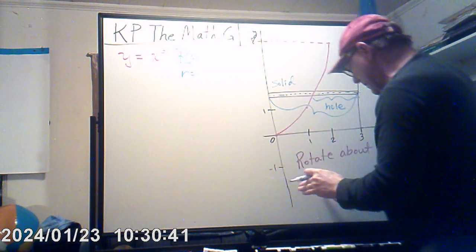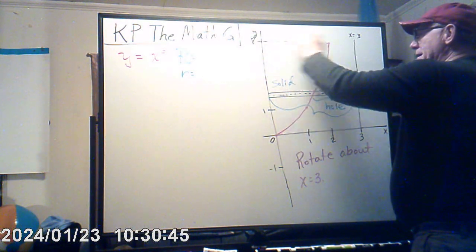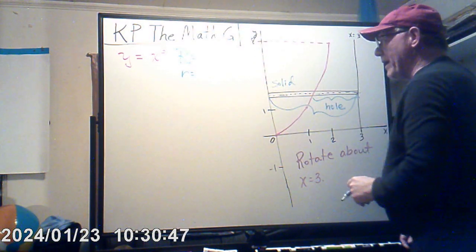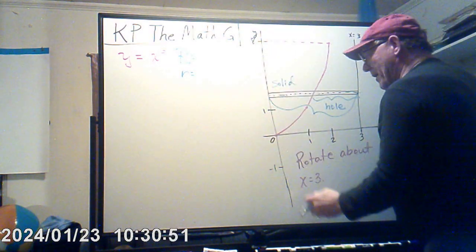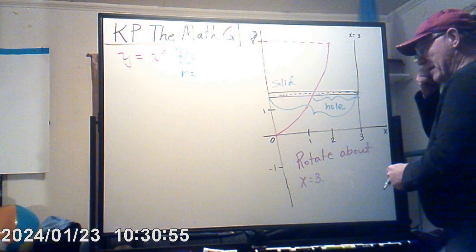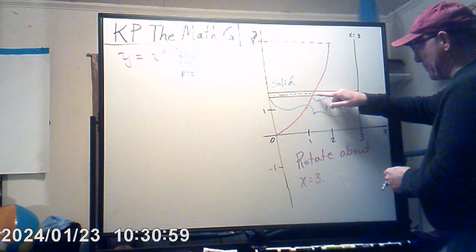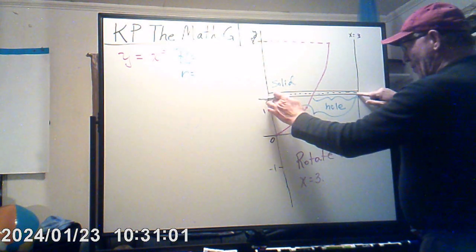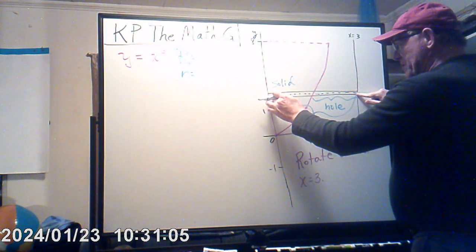We're going to rotate this about x equals 3. It is bounded by this line y equals 8, bounded by the curve, bounded by x equals 0, which is the y-axis. Alright, so the solid plus the hole is the whole thing. So you want to add those two up.